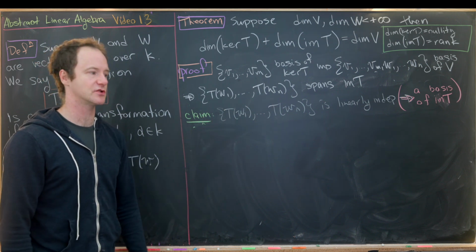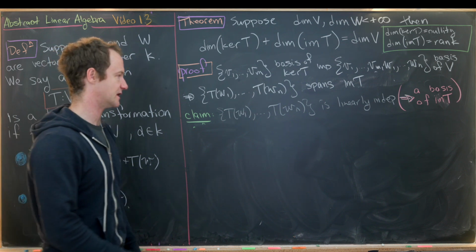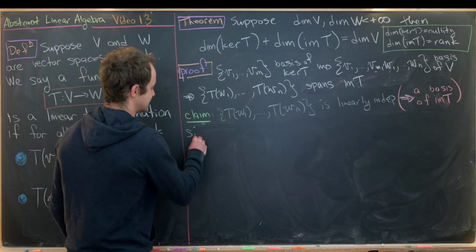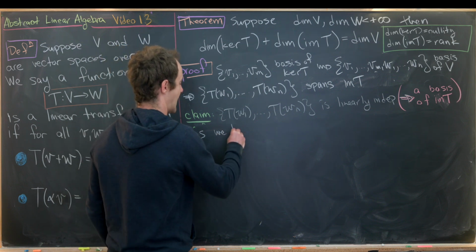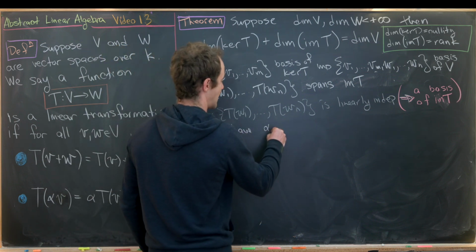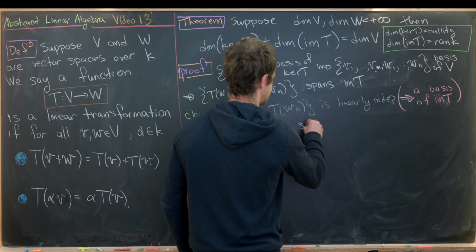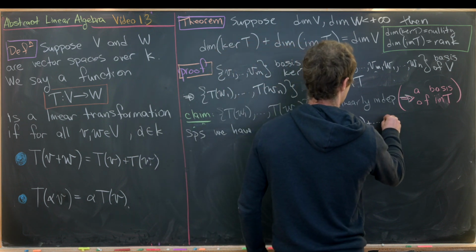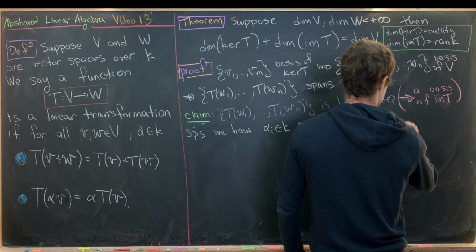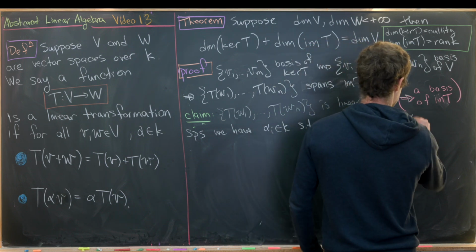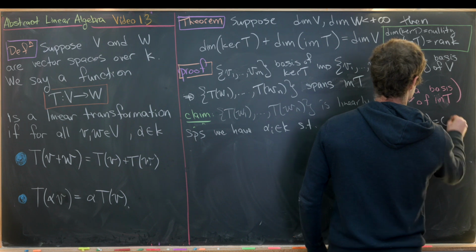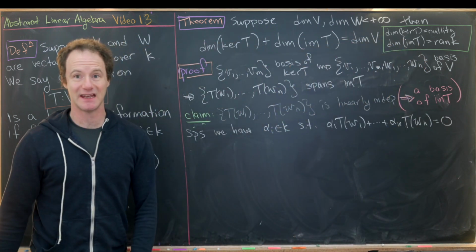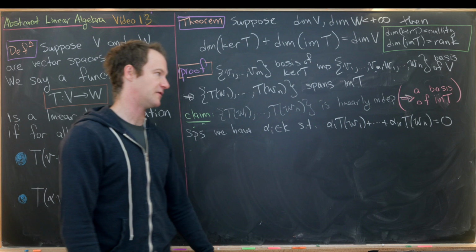We'll use the standard strategy for proving something's linearly independent. So let's suppose that we have alpha i in K such that alpha 1 t(w1) plus up to alpha n t(wn) equals 0. And what we'd like to end up with is that all of those alphas have to be 0.